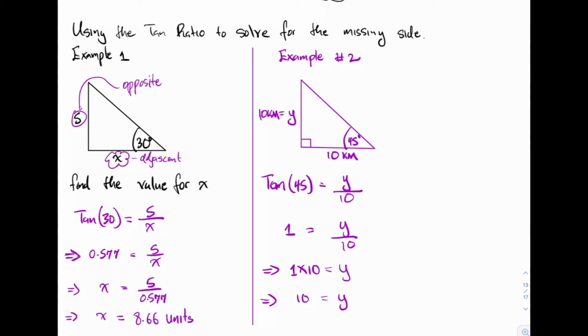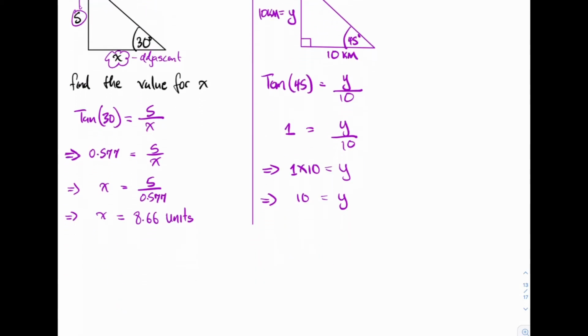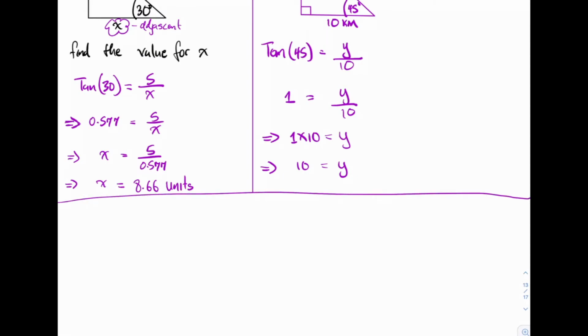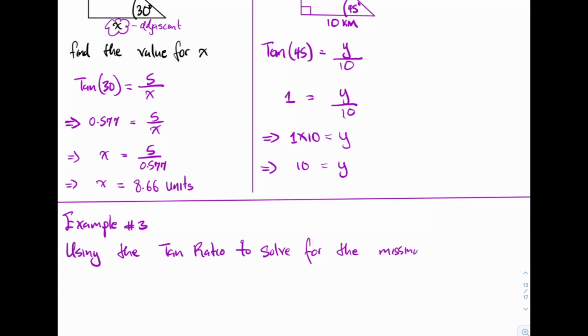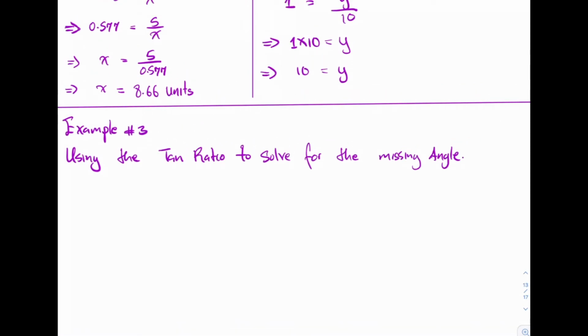Before we can write down everything in a summary, we'll go on to example number 3. For example number 3, we'll look at how we can use this rule to solve for the angle. So let's write that down. Let's get our right trigon slash triangle.